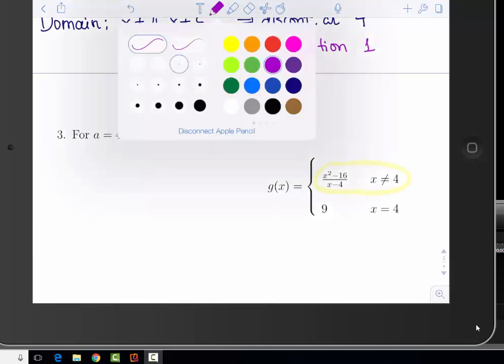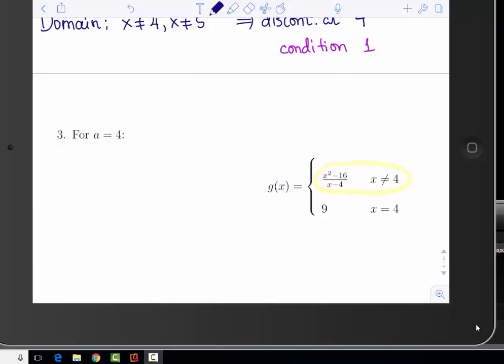In this case, I'm going to go through the checklist and check all 3 conditions and see which ones are true and which ones are false. If just one of them is false, that means the function is discontinuous. Okay, condition number 1. All right, g of 4 is defined. So that condition is good.